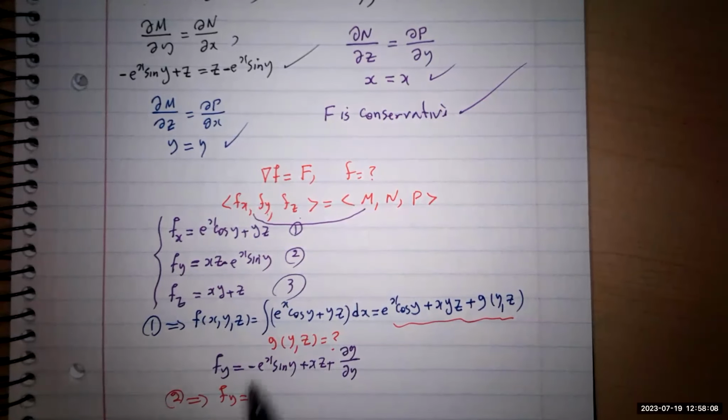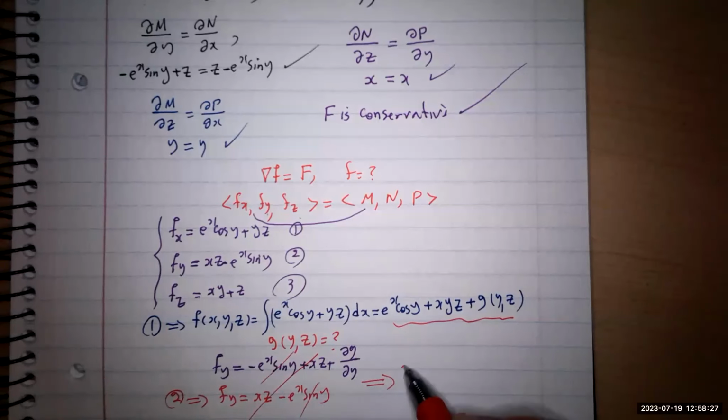So f of y is xz minus e to the x sine of y. If you compare them together, these are going to cancel out. So the leftover is going to be just 0. Partial g partial y would be 0.